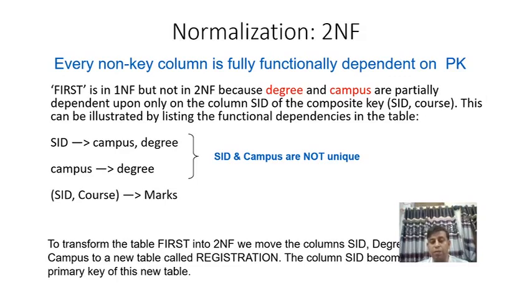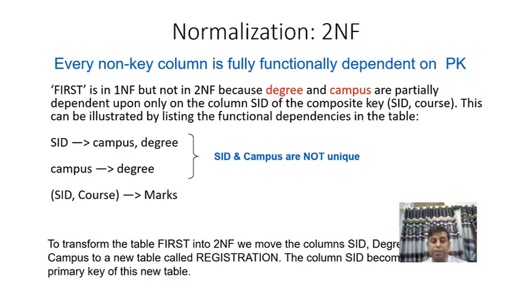Now this first table is not in 2NF because two non-key attributes, degree and campus, depend on one part of the primary key, that is SID. Degree and campus partially depend on the primary key.